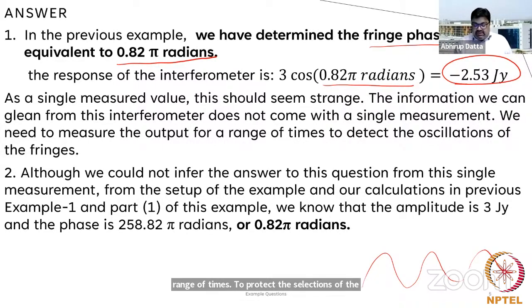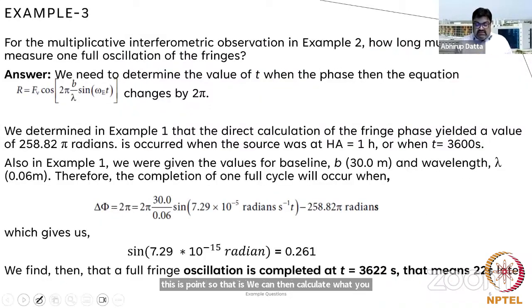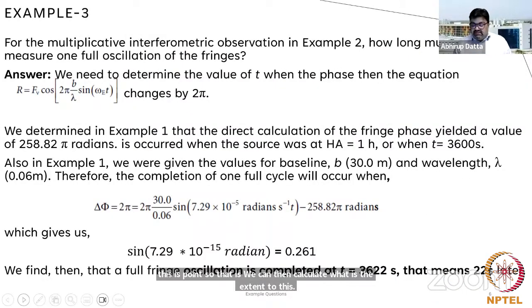Although we could not infer the answer from this single measurement, from the setup of the earlier example and our calculation in part 1 of this example, we know that the amplitude is 3 Jansky, which is already given, and the phase is 0.82 pi radians. So we can then calculate the instantaneous value of the flux.